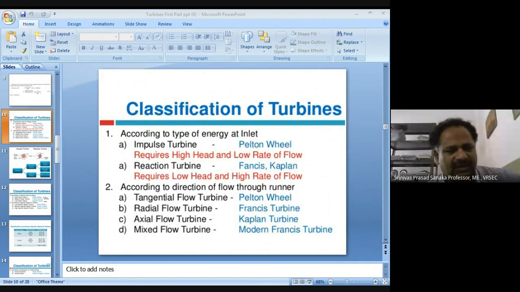In the case of the Pelton wheel, the pressure is atmospheric pressure. So at atmospheric pressure, the high velocity jet comes and flows over the bucket of the hydraulic turbine such that the hydraulic energy can be converted into mechanical energy.